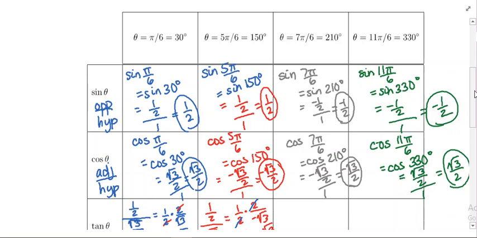You don't have to make a right triangle. If you have a particular angle that you're trying to compute the 6 trig functions for, look at its coordinates on the unit circle. The x coordinate is the cosine of the angle, and the y coordinate is the sine of that angle. And then once you have sine and cosine, you can get the 4 remaining trig functions. Make sure you take the sign into account, based on what quadrant you're in.